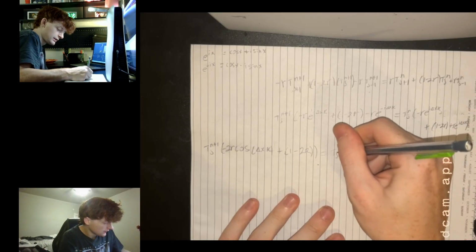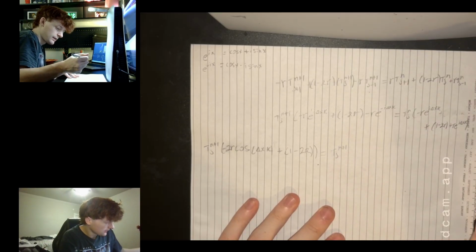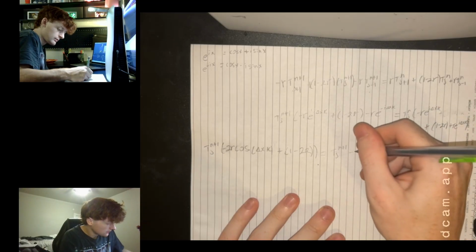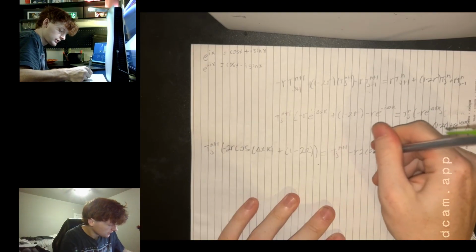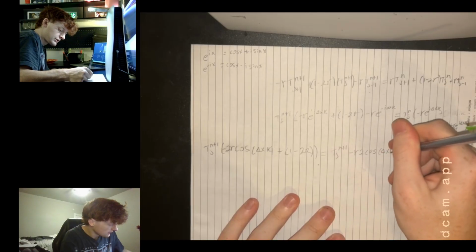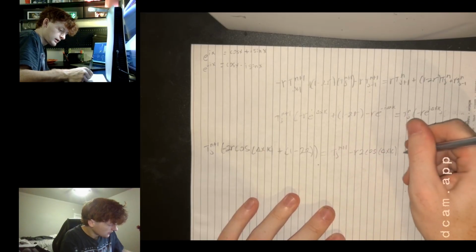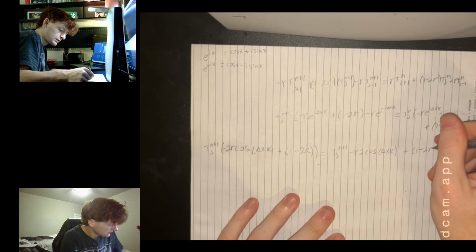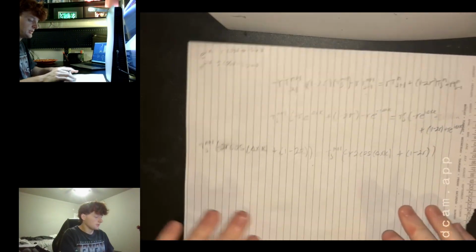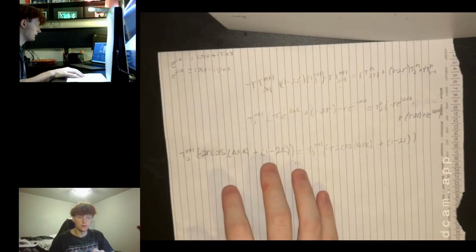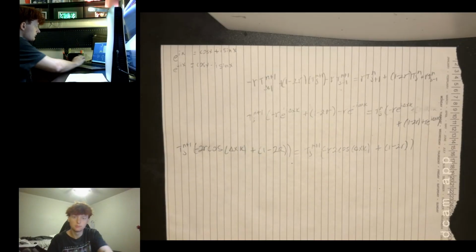We'll have T j n plus 1 with minus r cosine change in x k plus 1 minus 2r. Okay, so this will be our new equation now that we accounted for our Euler's identities.